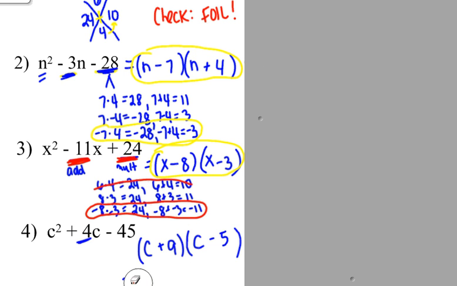So now if I check myself for my factors, 9 times negative 5 is negative 45, and 9 plus negative 5 is a positive 4. And so my final answer is c plus 9 times c minus 5.